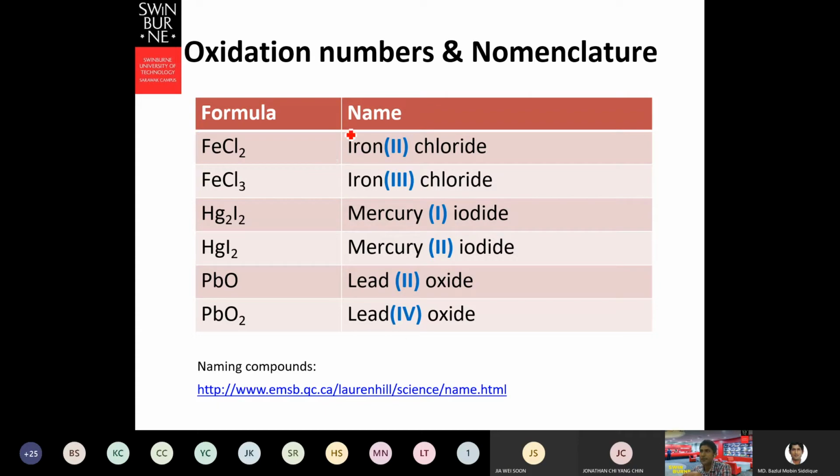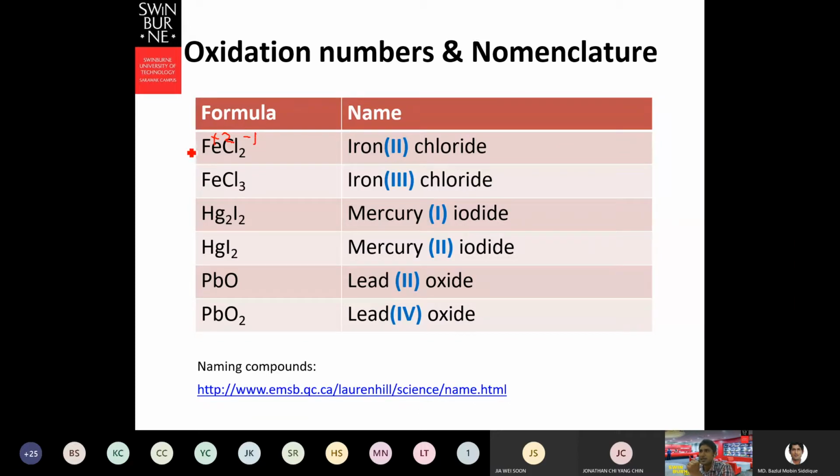Iron, when forming with the 2 oxidation state, it will be plus 2, and this chlorine will be -1 because chloride has a -1 charge.